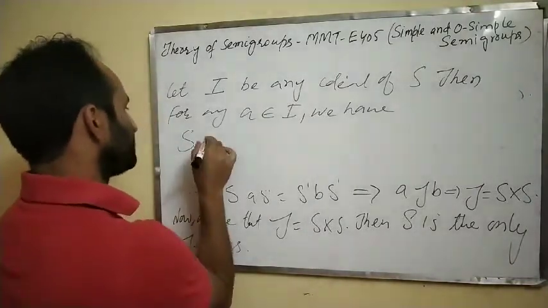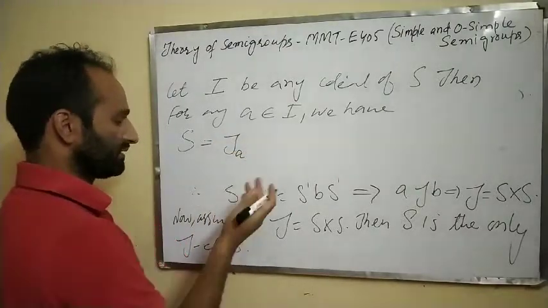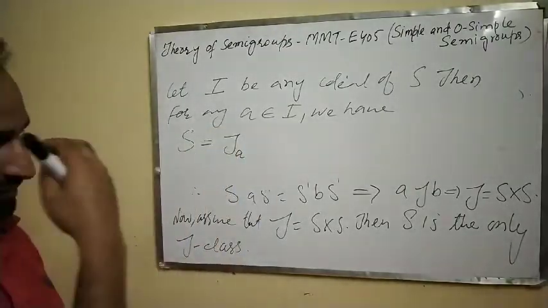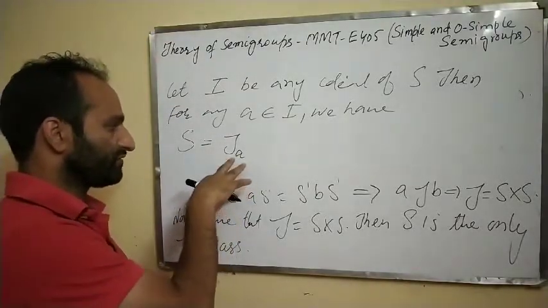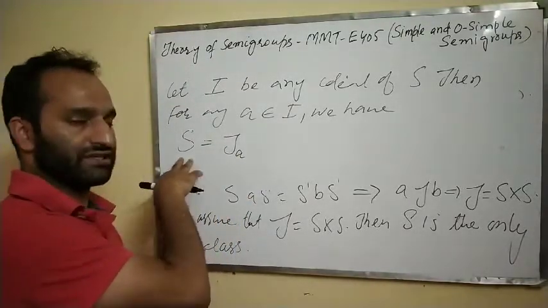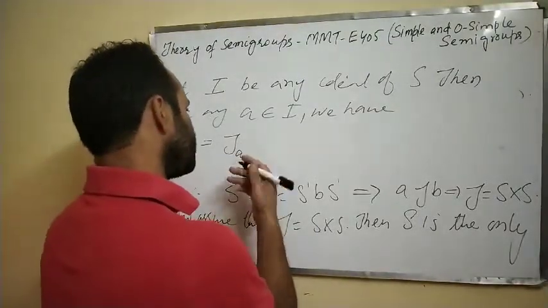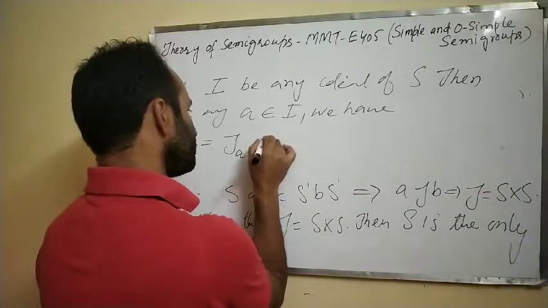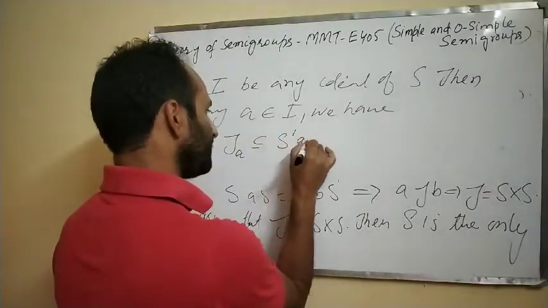S is equal to the J class of A, because the J class of A consists of those elements which are J related to A, and S is the only J class. But at the same time, this one is actually a subset of S1 A S1.